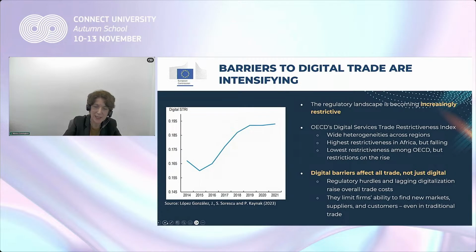But what we're seeing in this world is, while we're seeing on the one hand this incredible increase in the importance of digital trade and the increasing importance of data flows, we're also seeing that in fact the regulatory landscape, probably unsurprisingly, is becoming increasingly restrictive as these services develop. The OECD again has done some very good work on digital services trade restrictiveness.